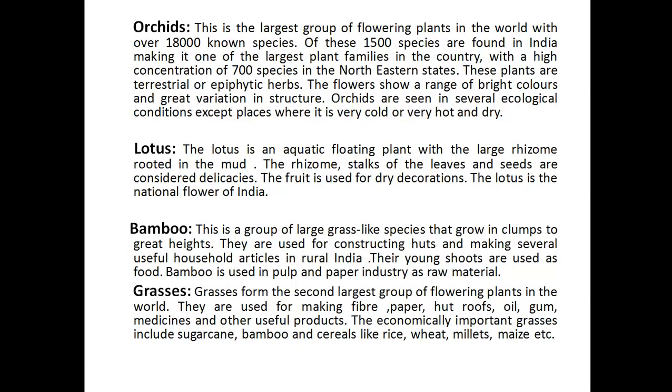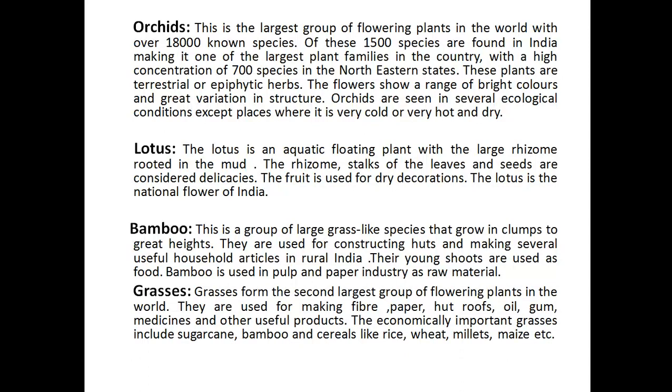The lotus is an aquatic floating plant with the large rhizome rooted in the mud. The rhizome, stalks of the leaves, and seeds are considered as delicacies. The fruit is used for dry decorations, and the lotus is also the national flower of India.